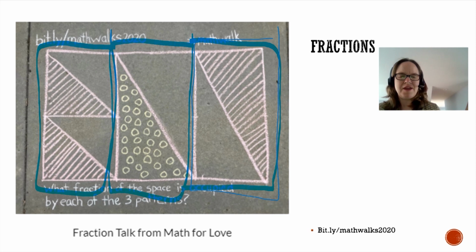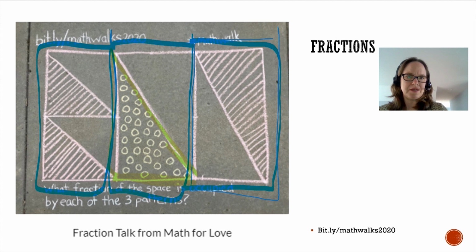So if we look at this, we have 6 spaces, right? Or we could say 3 columns. The question is, what fraction of the space is occupied by each of the 3 patterns? I might first say, I wonder how much space of the whole is occupied by this one.